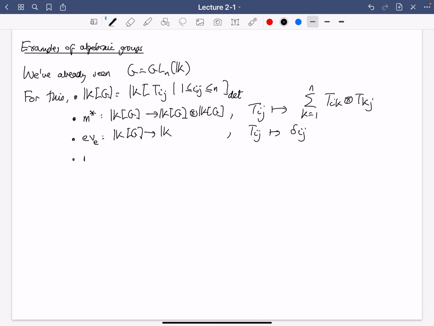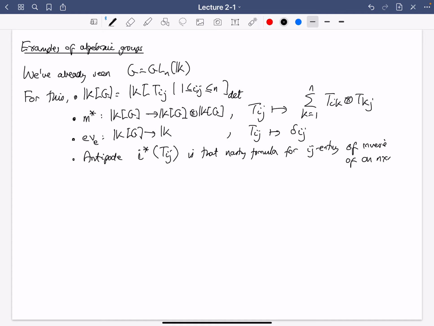And let me see the antipode. That's the one I always try not to write down. So remember, we had I was the group inversion, and then the comorphism of the group inversion operation, that's the antipode. And if you wanted to calculate that, you would need to know what it does to tij, and that's that nasty formula for the ij entry of the inverse of an n by n matrix.